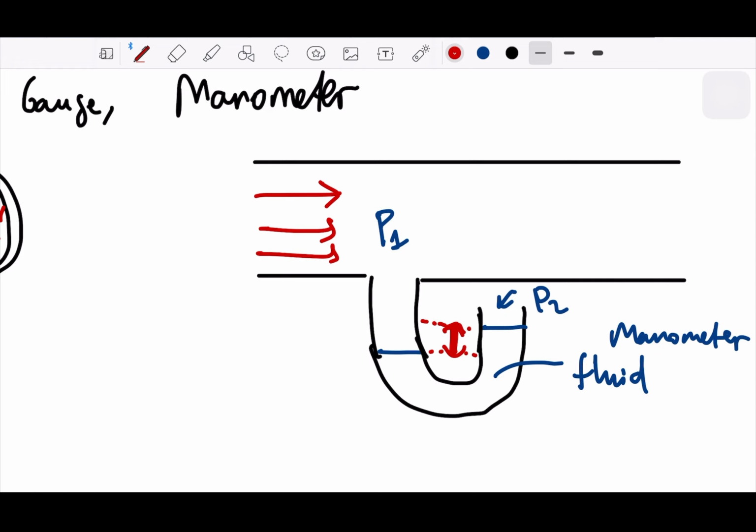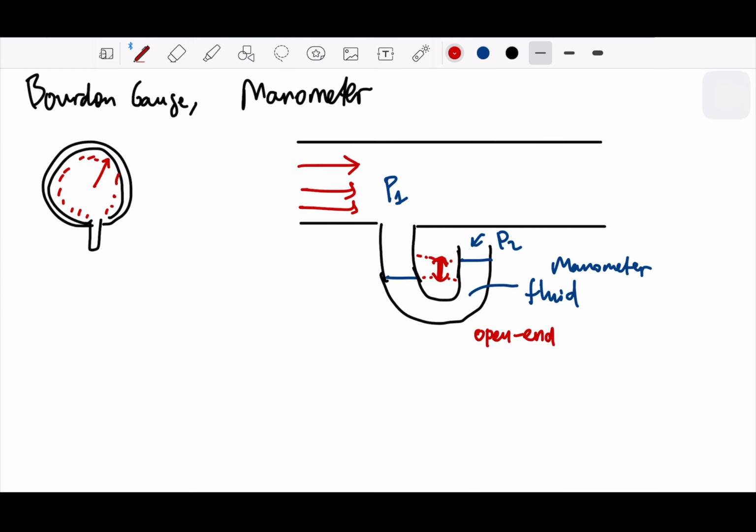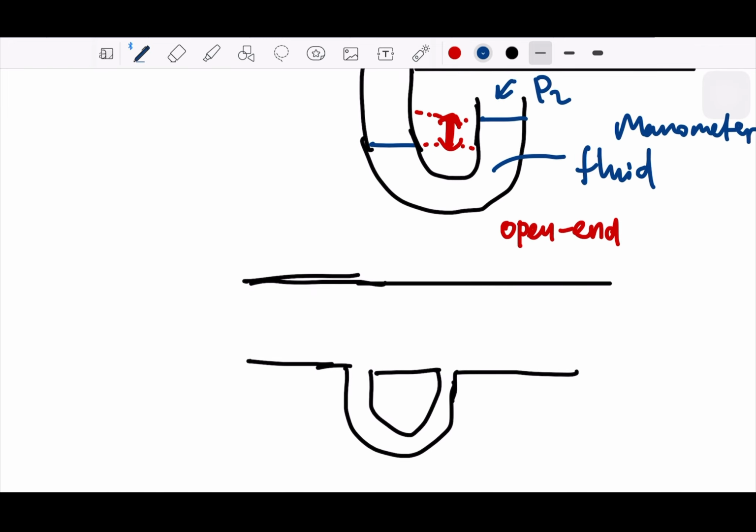And if this is just open air for the pressure 2, this is called the open end. Okay. If it is connected back to the pipe, then it's called the differential. So it's going back like that. And we say this is the difference here, and we can call this difference a differential manometer.